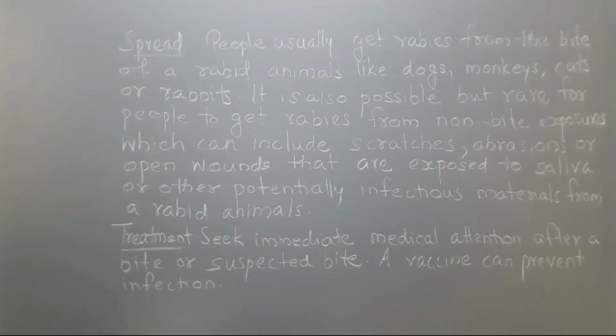How is rabies spread? Rabies is spread usually from the bite of rabid animals like dogs, monkeys, cats or rabbits. That is why if you are keeping these animals at home, you should be very careful.